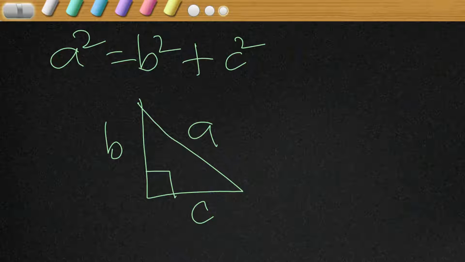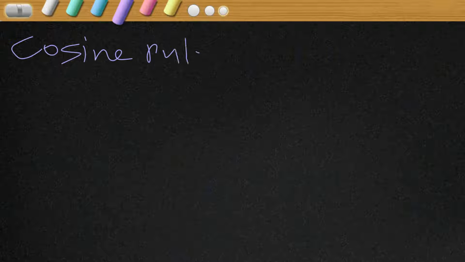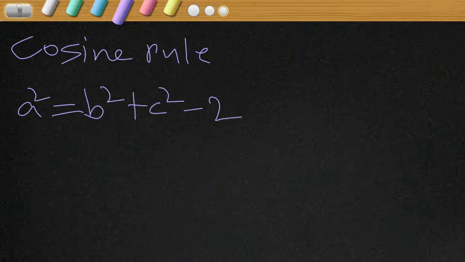Now let me show you something else. We also learned something called the cosine rule, and we obviously know what this is. This applies to any two sides and an angle between them. So we'd say a squared equals b squared plus c squared minus 2bc cos x. That is what we've learned before.